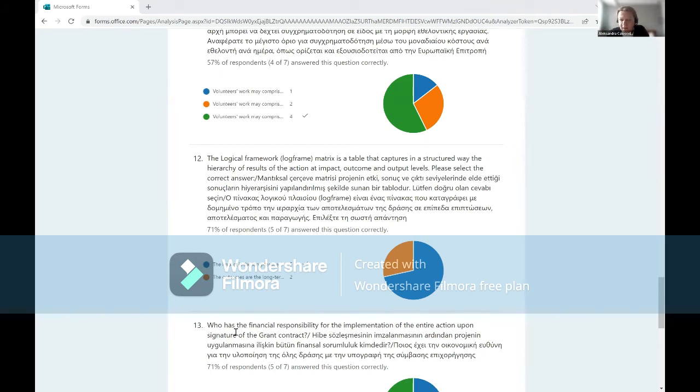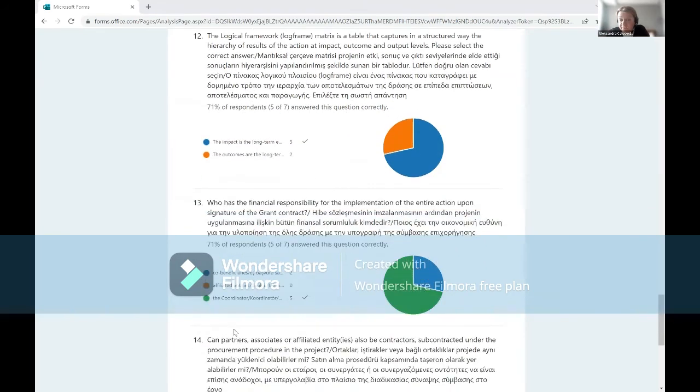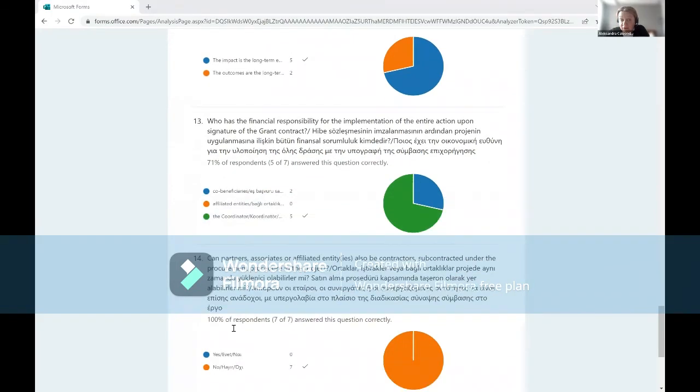Financial responsibility for the implementation of the action. I also see that some of you still need a little bit of clarification here.